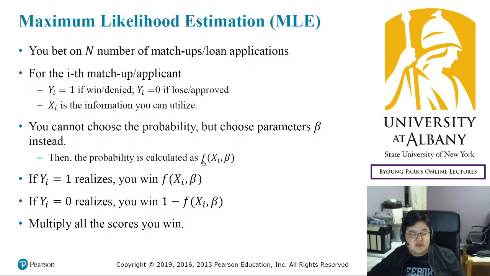And then suppose that once you choose the parameter beta, which may include beta 0, beta 1, and more parameters, the probability will be calculated automatically by a certain formula. Say, I will just write it as f. The function f depends on the information and your choice of parameters.